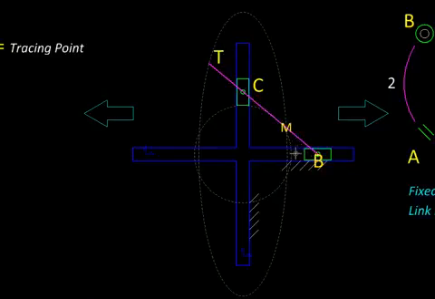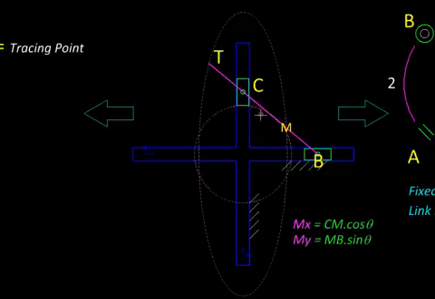So if theta is the angle made by this segment CB with horizontal, then coordinates of M can be written like this. But since M is a midpoint of CB, MC and MB are equal, and we get a parametric equation of circle. Mx and My will be A cos theta, A sin theta. So that is how we trace a circle.